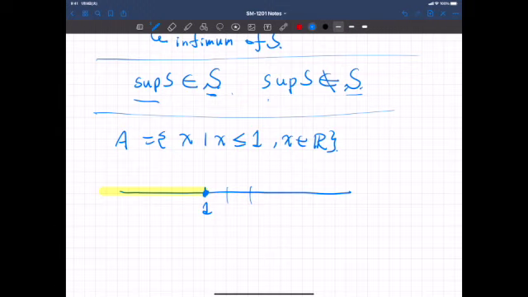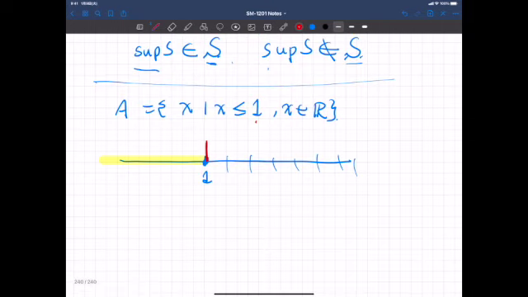So there are infinitely many upper bounds of A, but the least of which is 1. So that is this. Okay, 1 is the least value among all the possible upper bounds of A. So therefore, the supremum of A is 1.